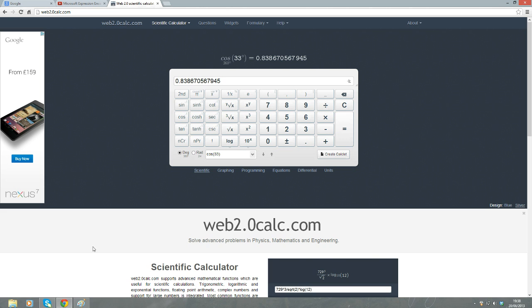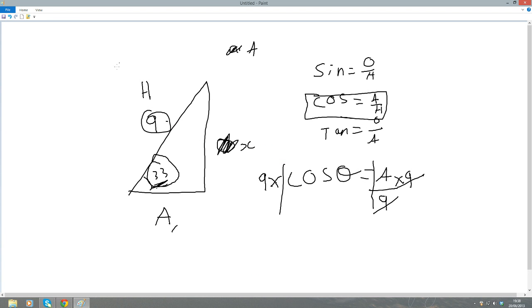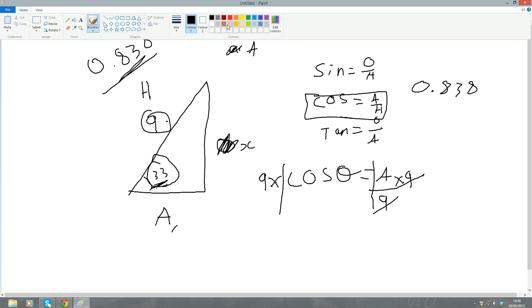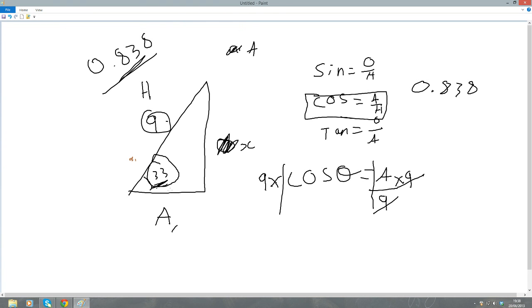Yeah, so you should just jot that down somewhere. So 0.838, let's just say 0.838. Okay, we got that. So we know that cos theta equals 0.838.